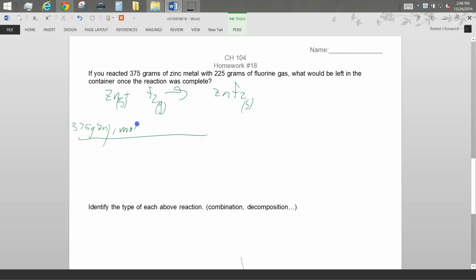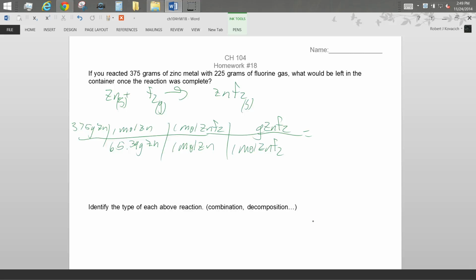And then for every 1 mole of zinc, it's 65.39 grams of zinc. And for every 1 mole of zinc, I have 1 mole. And what's the name of this thing here? Well, zinc's a transition metal, so don't I say zinc 2? Is that right? It's the only oxidation state it has, so we don't say zinc 2. Remember, zinc, cadmium, and silver were the 3 transition metals that had one oxidation state, even though they're transition metals, so we don't say what the oxidation state is.